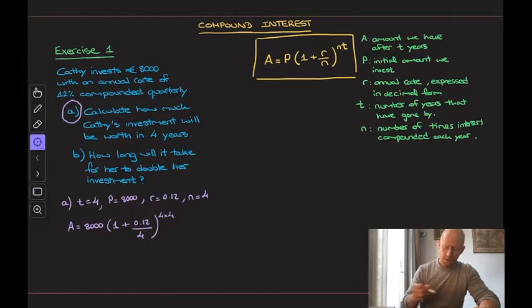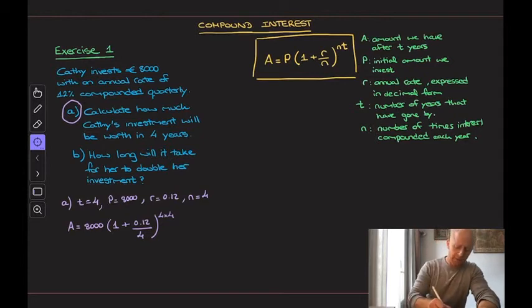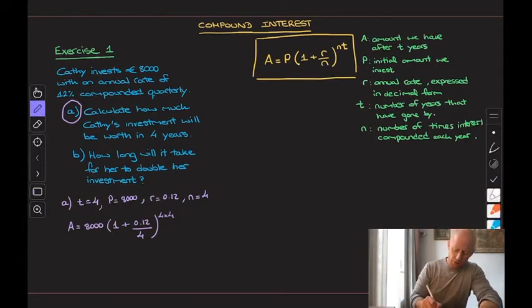Okay? So at this stage, we could simplify this a bit. I mean, mind you, it would be a calculator paper, so you could just calculate all that in one go with your calculator. But if I simplify this a tiny bit, we should be getting 8,000 times 1 plus 0.12 divided by 4, which will be 0.03, all of which is raised to the power of 4 times 4, which is 16.